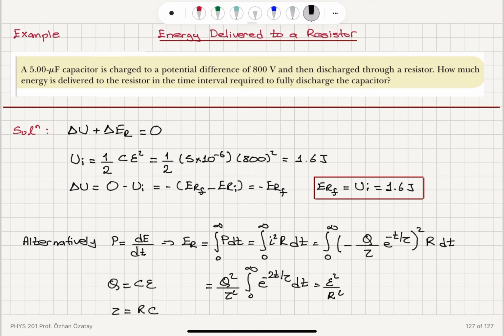Then we have the integral, giving minus tau over 2, minus RC over 2, times e to the minus 2t over RC, which will be evaluated between time t equals 0 to infinity, and this will give us epsilon squared divided by R squared, then we have RC over 2.